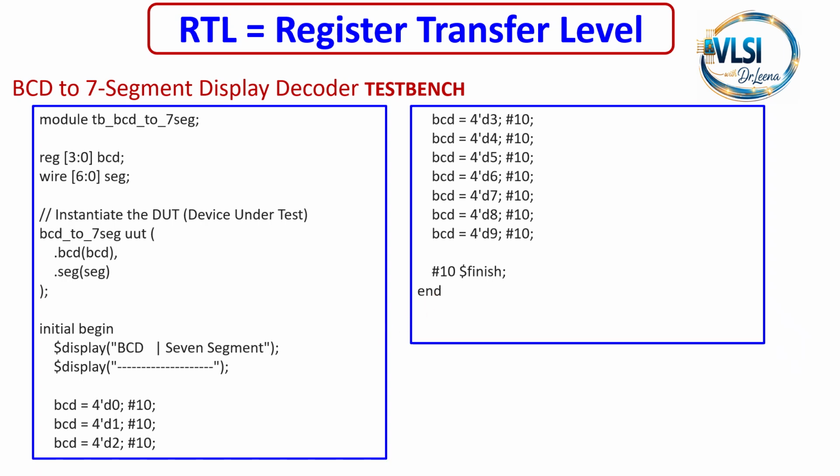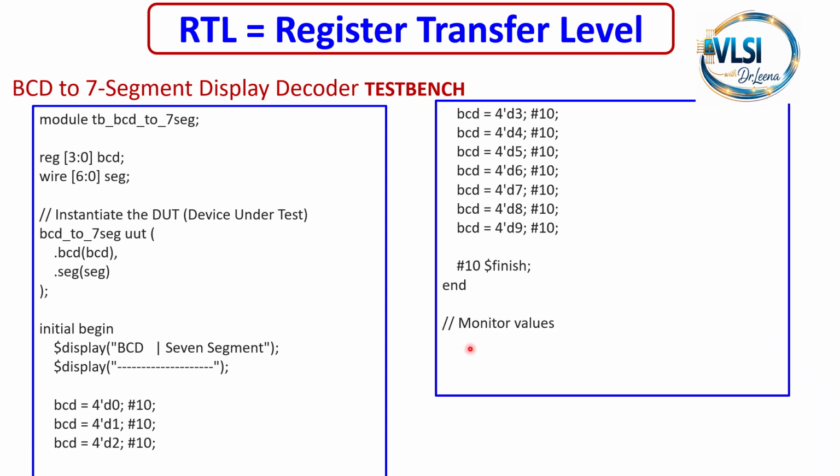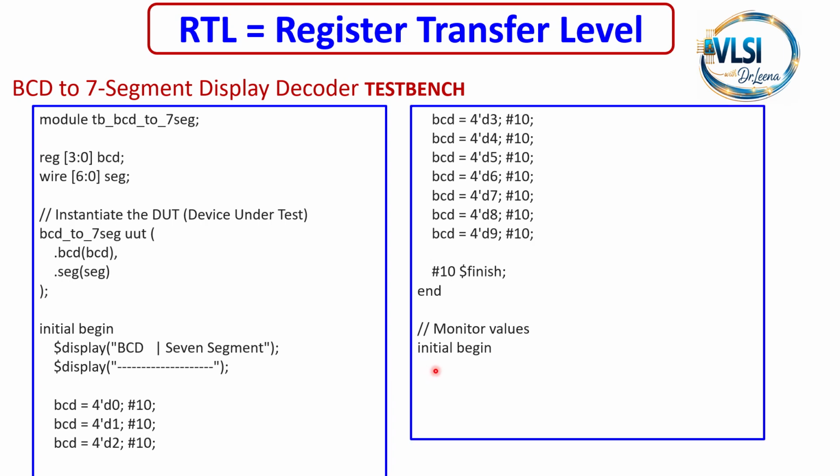After this, we give a monitor block, that is another initial begin used for monitoring outputs, and we give the monitor statement. This statement continuously prints values whenever any signal changes, in binary format.